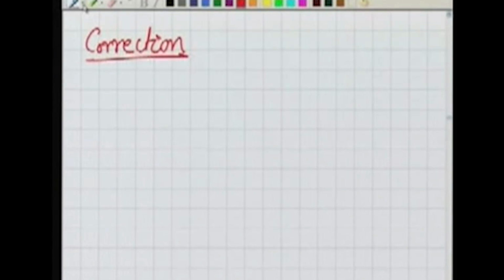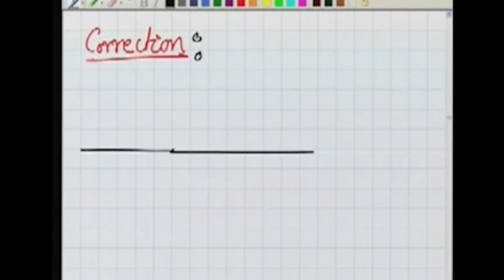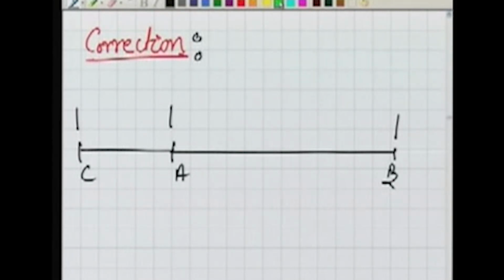So to determine it or to apply the correction, what we need to do? Now here we will do one thing. Let's take a distance, and I am writing this as A, B and C. Now we measure here using our EDMI. Let's say I keep the EDMI over here and the target here, and I measure CA.